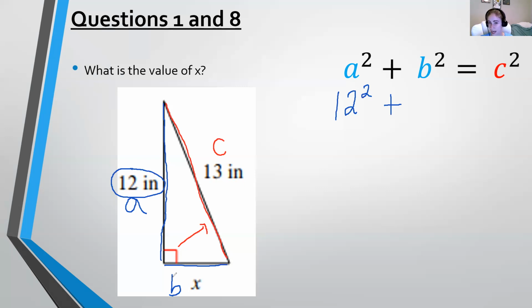So you could either write B squared or you could write X squared. Doesn't really matter. We'll go ahead and do X squared for this one since it's telling you that's the side. And then it is equal to c squared. Well, side C, our hypotenuse, is 13 inches. So 13 squared. All right, now that we've substituted our values, we need to simplify and then solve for x.